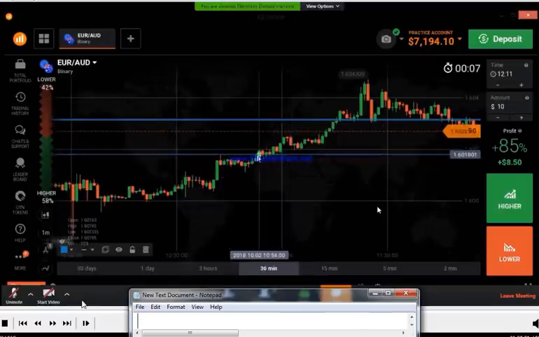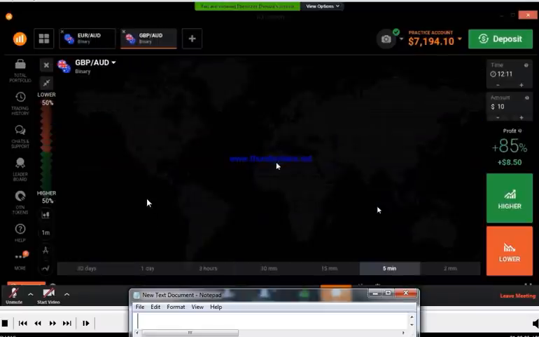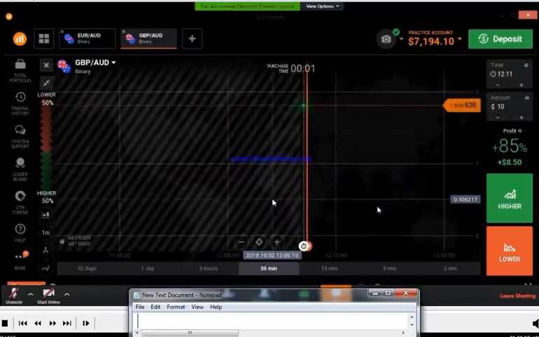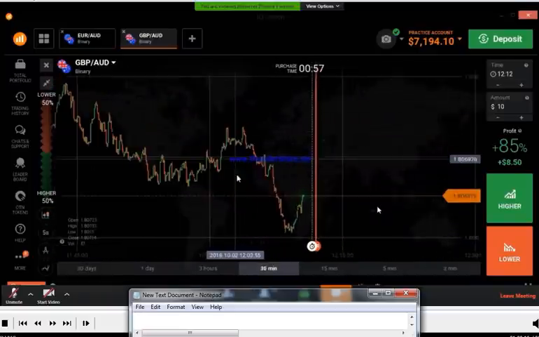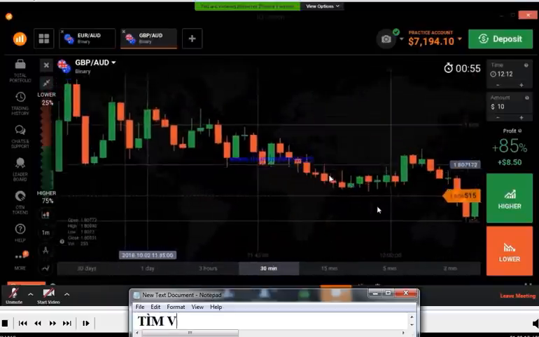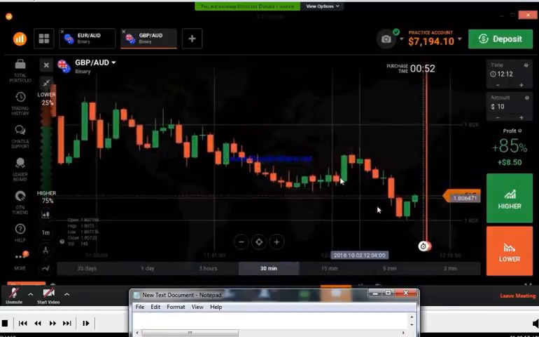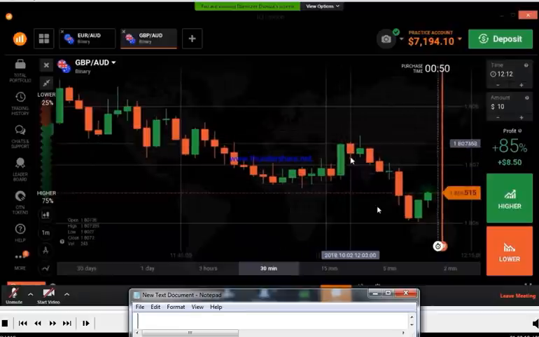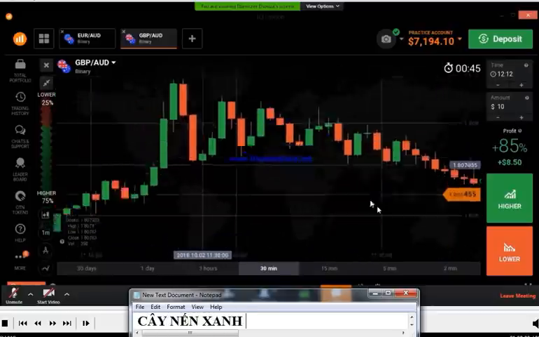Just wait, I will show you here. So you can see this is a very strong candle, it reversed, right? This is a very strong candle, it reversed.